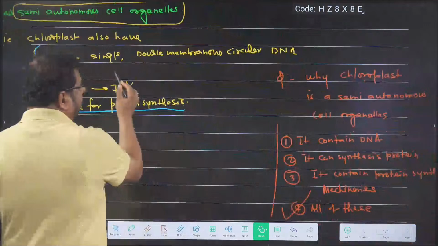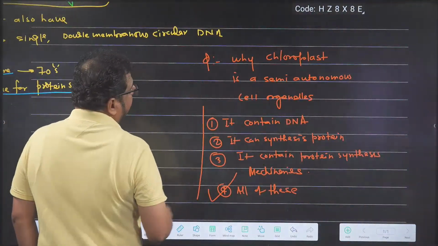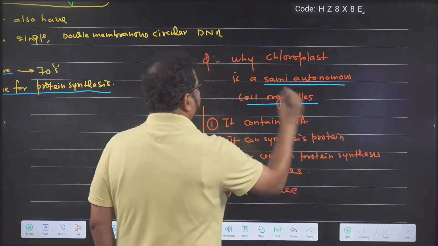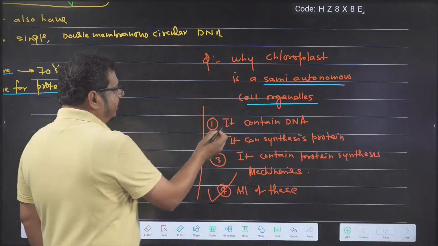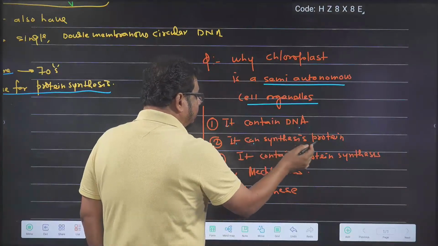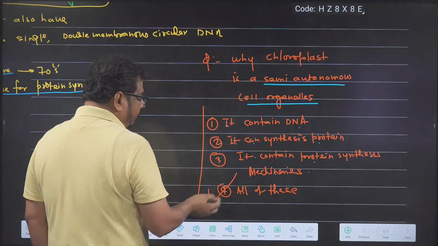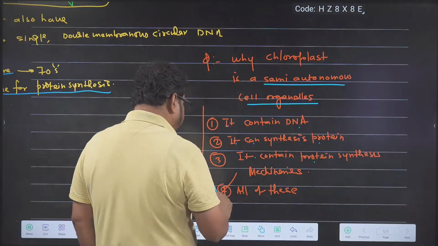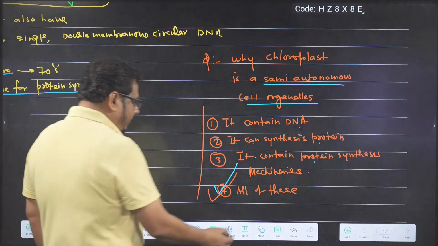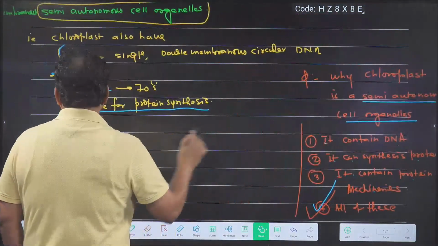Here I framed a question: why is chloroplast called a semi-autonomous cell organelle? Options: it contains DNA, it can synthesize protein, it contains protein synthesis machineries, and fourth, all of these. All of these is the answer. Is it clear? So these are the things we discussed until now about the chloroplast.